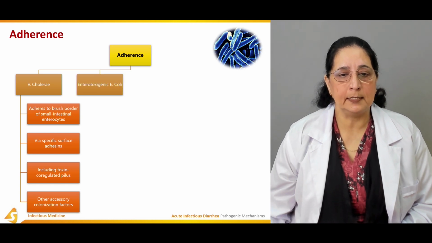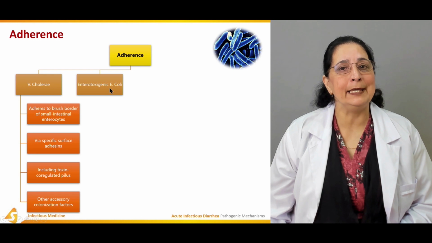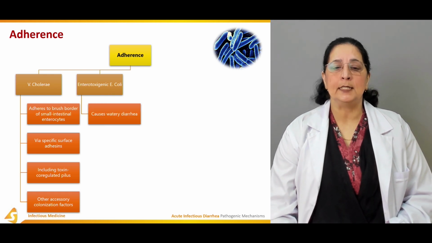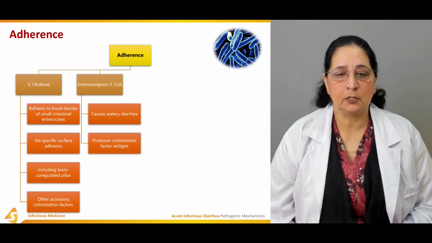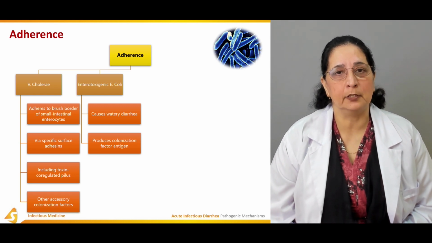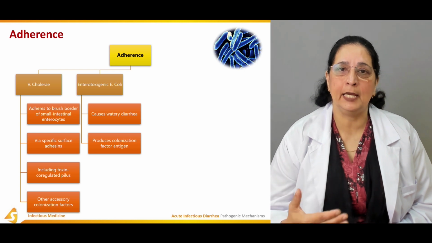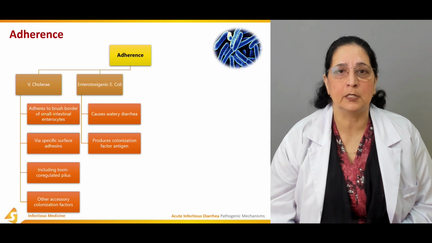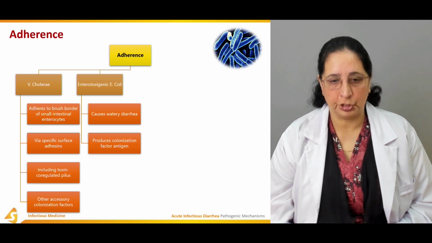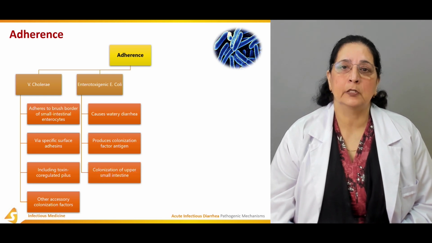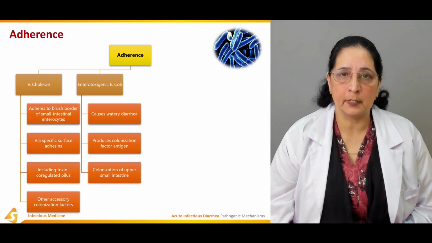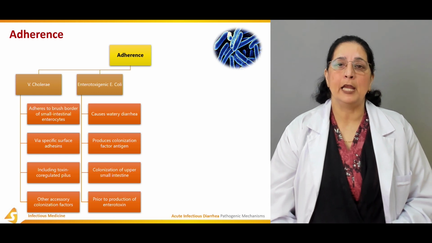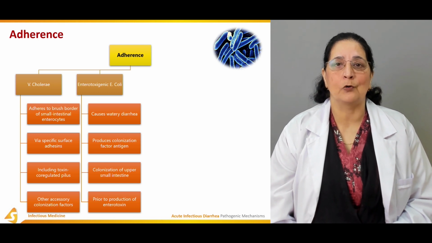Then the other is enterotoxigenic E. coli. E. coli causes watery diarrhea and produces colonization factor antigen. So here again it produces the antigen that is responsible for colonization, and also causes colonization of the upper, proximal small intestine, prior to production of enterotoxin.